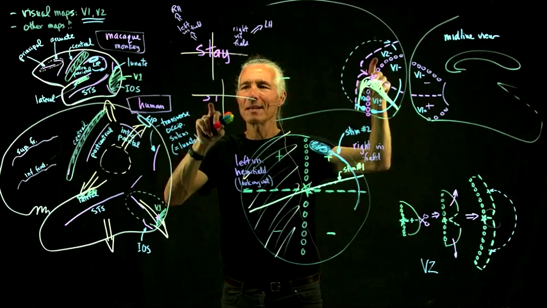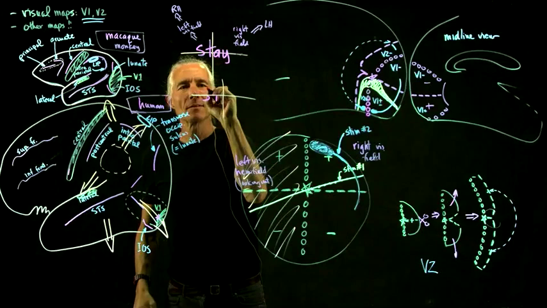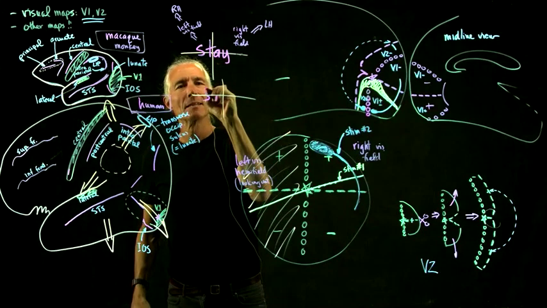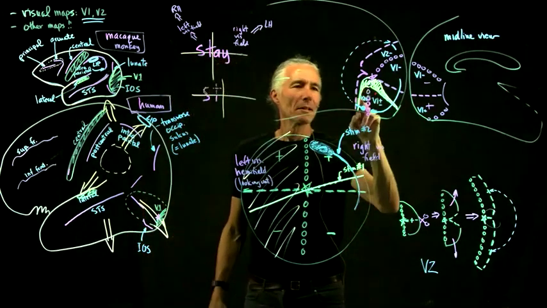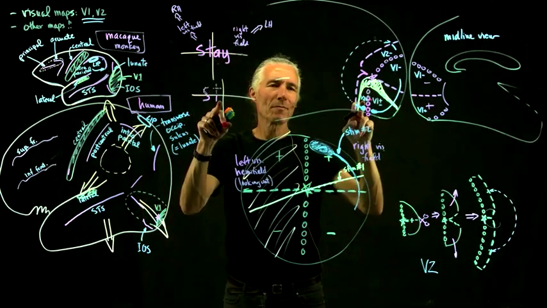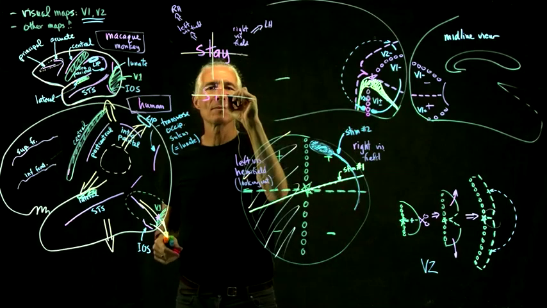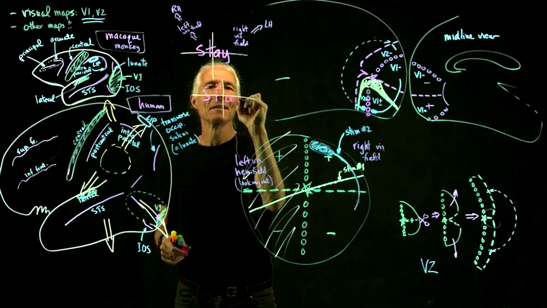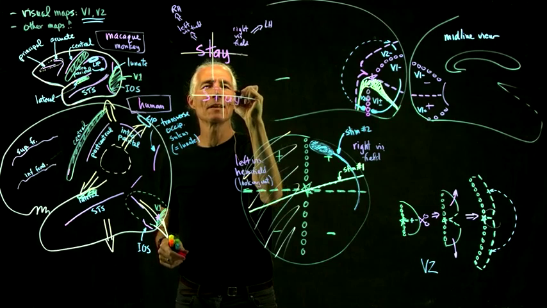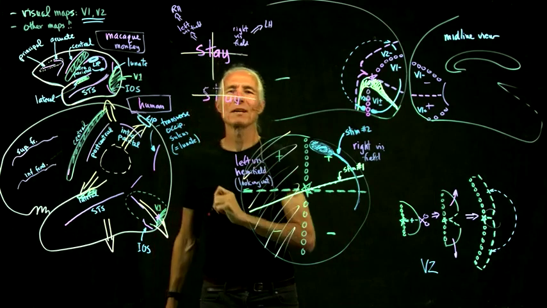A little piece of the S and the T are going to end up over here, and then the rest of the S and the rest of the T are going to end up in the upper part of V2, which is separated. And then the same thing is going to happen over here. Like the bottom of the A, and then the bottom piece of the Y is going to end up there, and then in another piece of V2, you'll have those things separated.